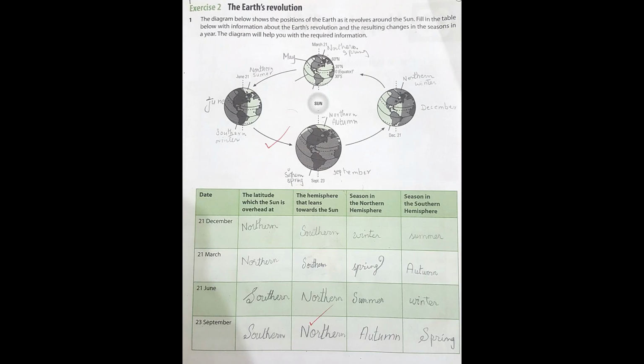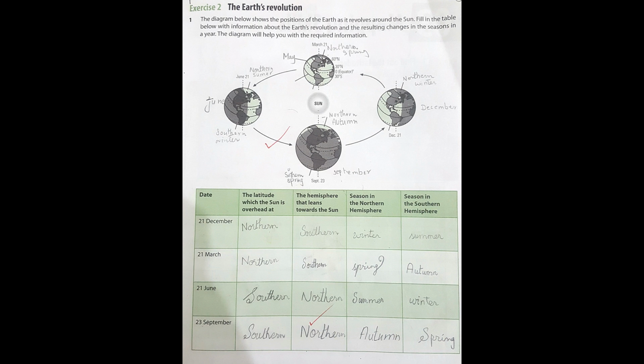Now open your workbook, page number 5. Exercise number 2, the Earth's revolution. The diagram below shows the positions of the Earth as it revolves around the sun. Fill in the table below with information about the Earth's revolution and the resulting changes in the seasons in a year.